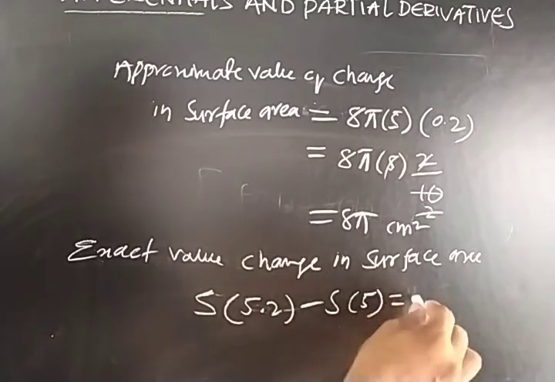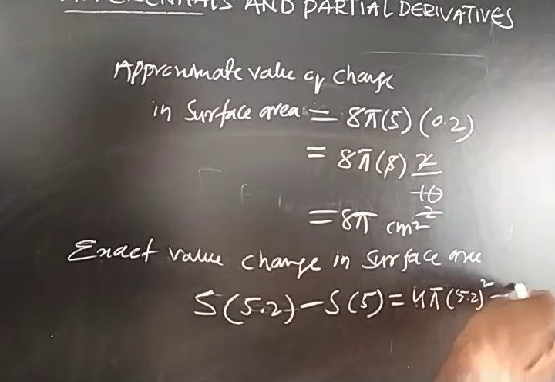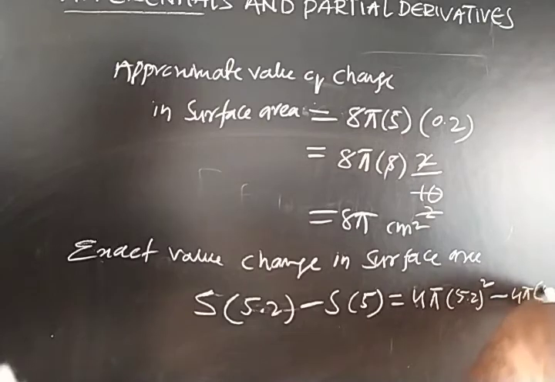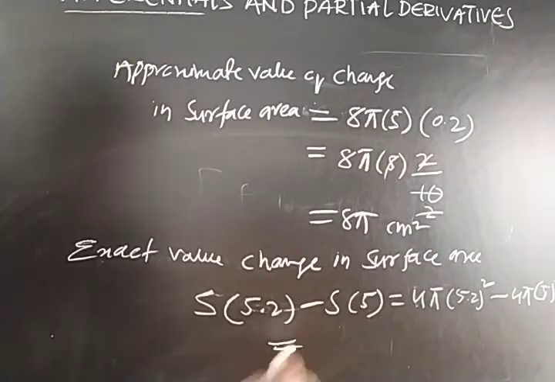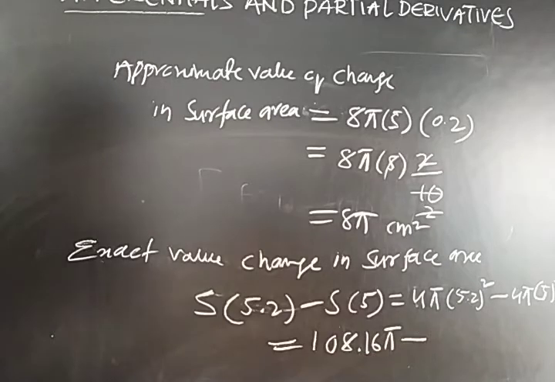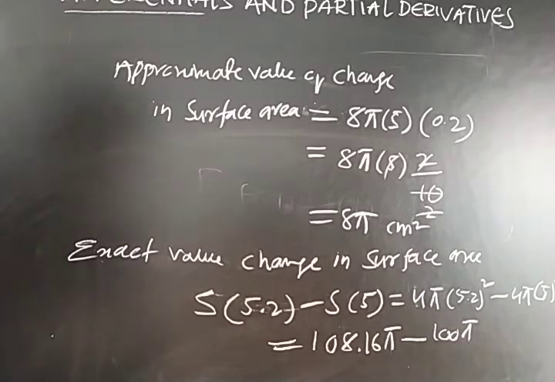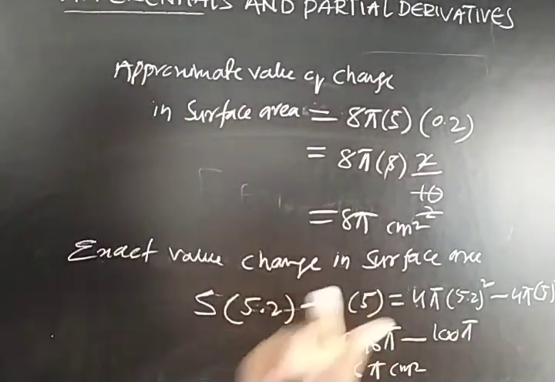Substituting in 4 pi r square: 4 pi into 5.2 whole square minus 4 pi into 5 square, which is 108.16 pi minus 100 pi, giving 8.16 pi centimeter square as the exact change in surface area.